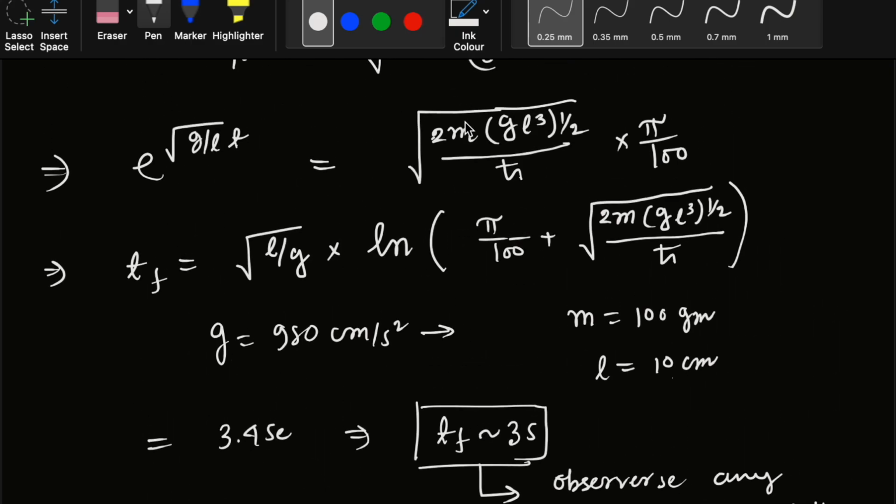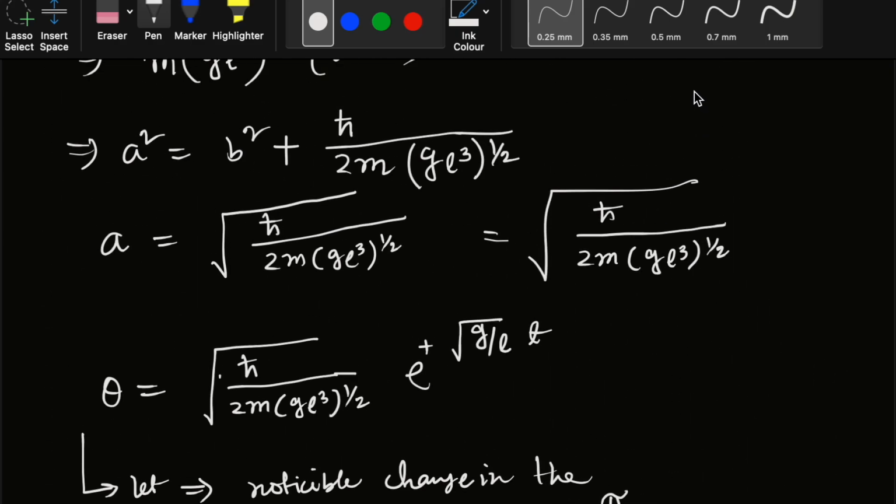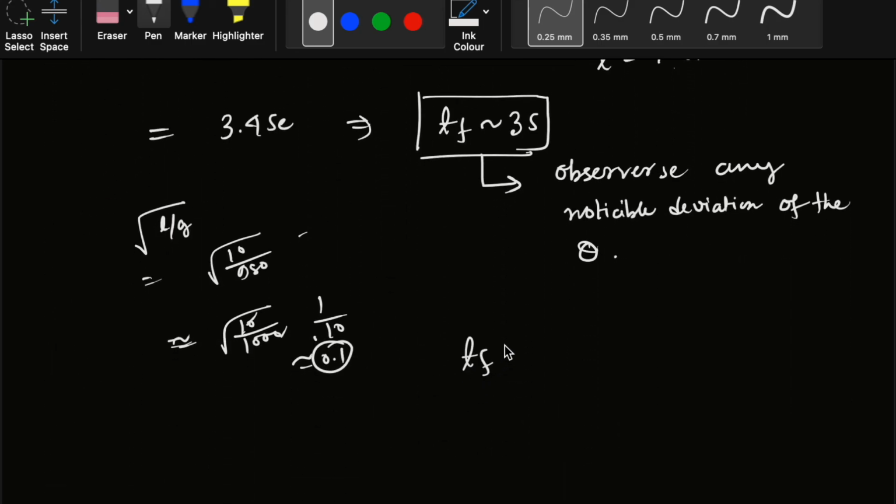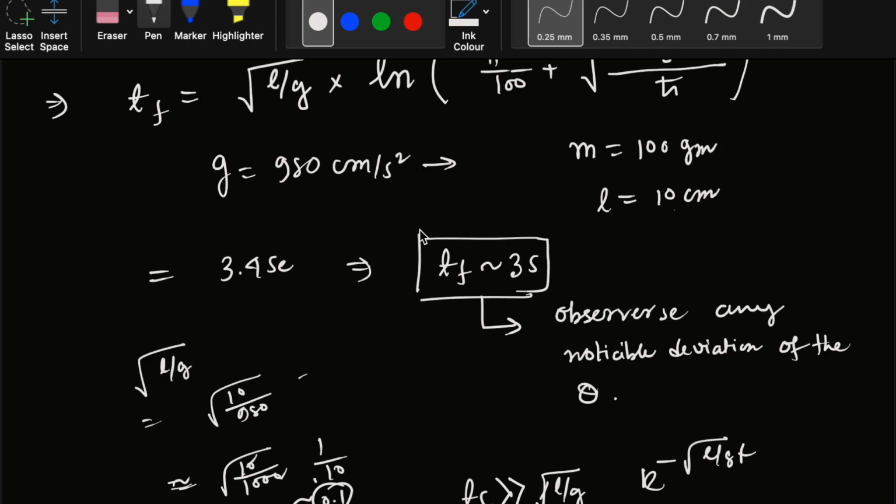So if we observe t_f much greater than root over l by g, that is, larger than this time, we can neglect the second term e to the power minus root l by g t. So our assumption is reasonable.